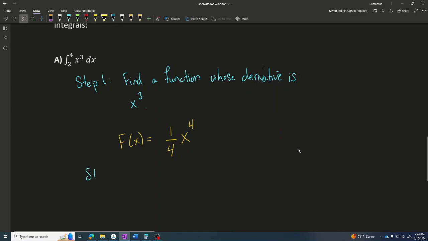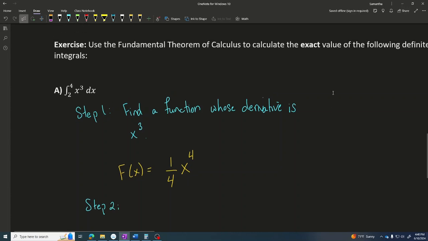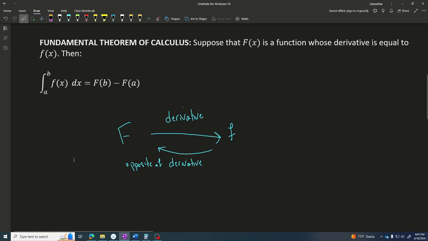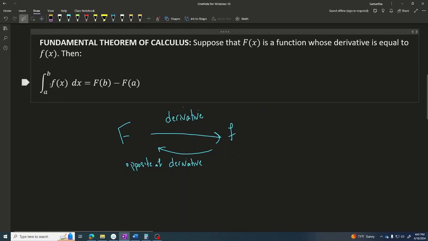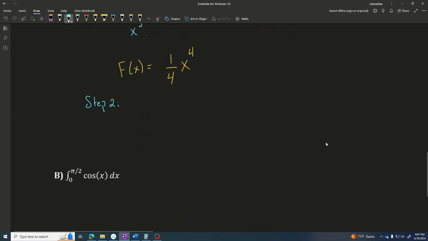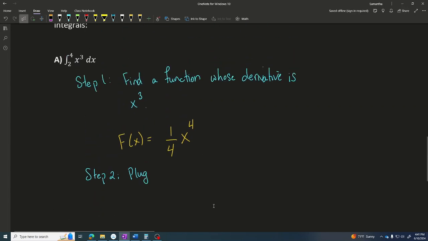Step number 2, using the fundamental theorem of calculus to calculate this value. Step number 2 is to plug our two limits of integration, b and a, into the function capital F that we just wrote down. In our situation, our lower limit would be 2, and our upper limit would be 4.